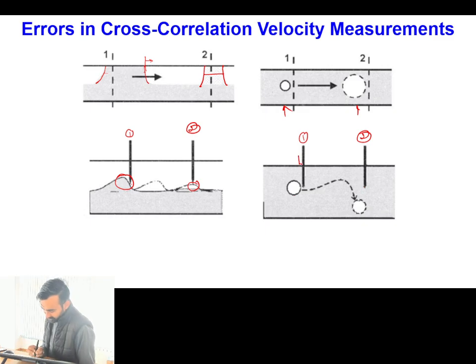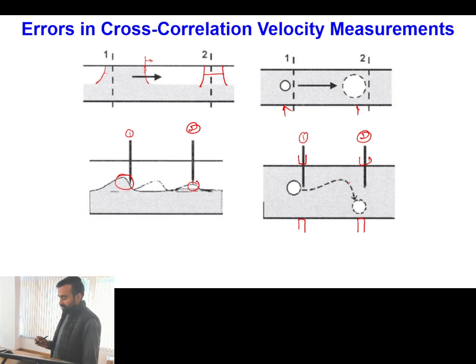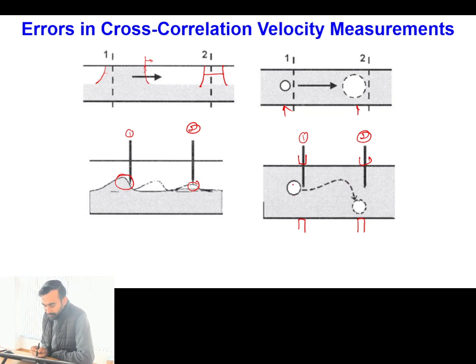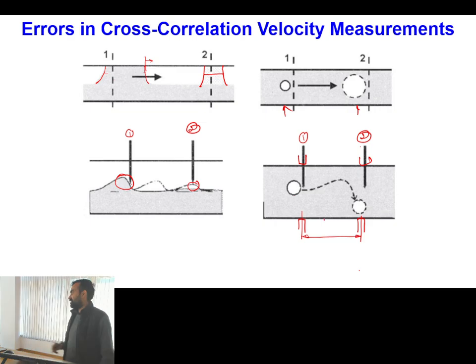In place of this, if I use a non-intrusive method like the laser and photodiode method, then whenever the bubble passes through this and passes through this, irrespective of its trajectory, I will get some signal. Okay, but with that signal, though I will be able to measure some value of velocity, I will again have error. Why error? Because that signal is based on the assumption that the bubble is traveling the linear distance between the two measurement points.